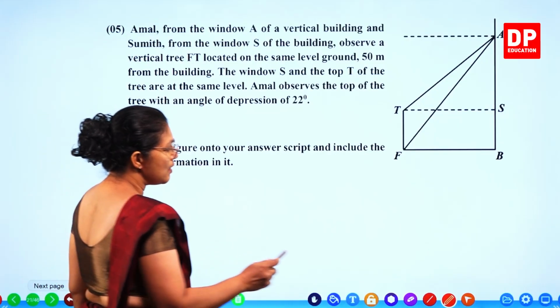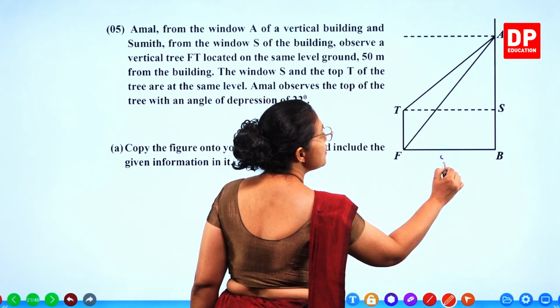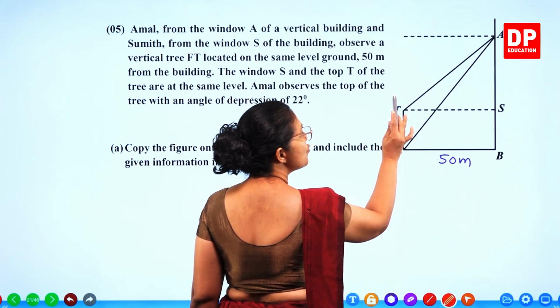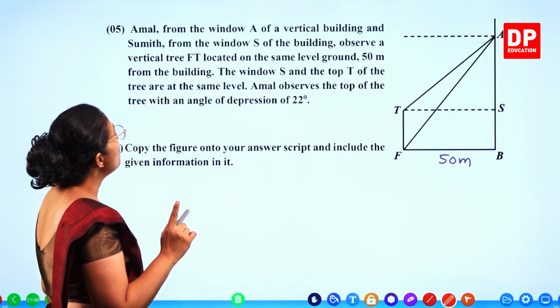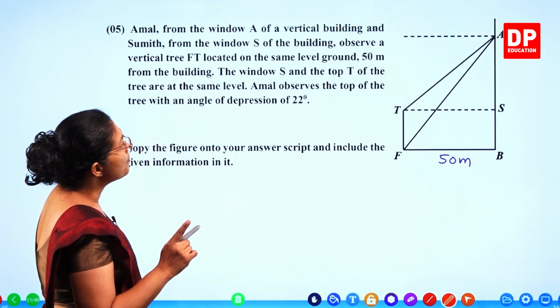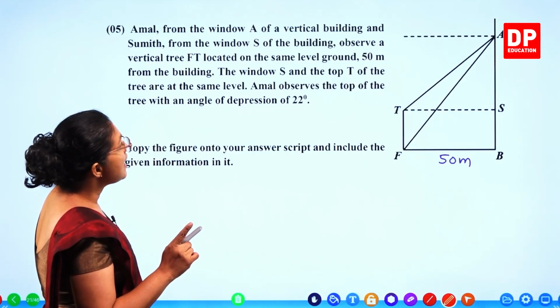So we can straight away mark 50 meters is here. This is the tree and this is the building. And what is given? The window S and the top T of the tree are at the same level.